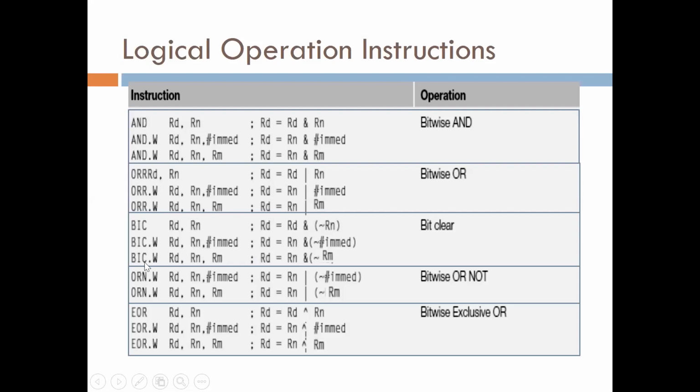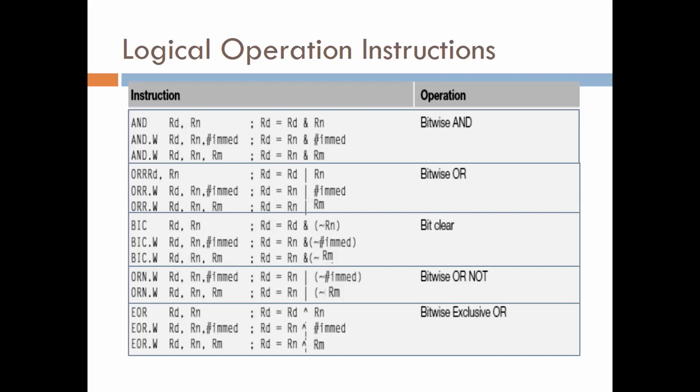Next instruction, BIC.W Rd comma Rn comma Rm. All the three registers are different here. So the content of Rm will be complemented, and the result of complement will be logically ANDed with Rn content. Result will be stored in Rd, that is destination register Rd. Next set of instructions is for the operation bitwise OR NOT.